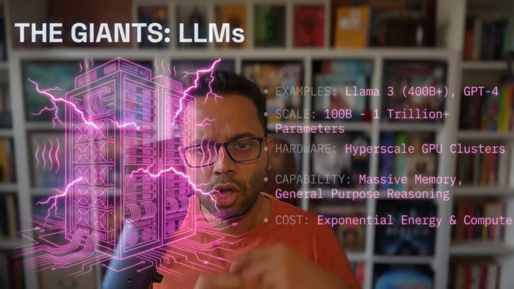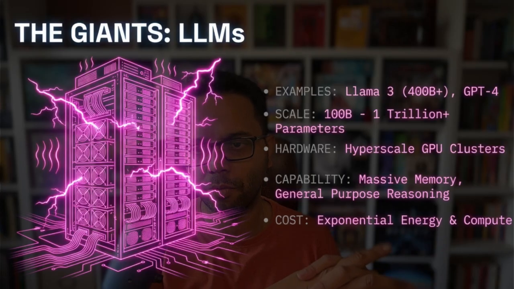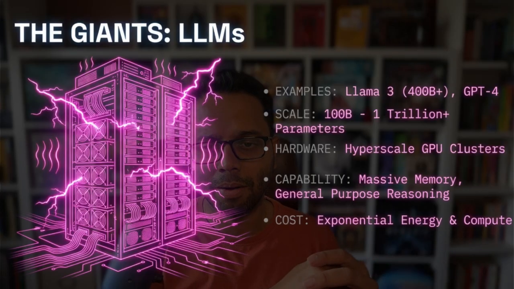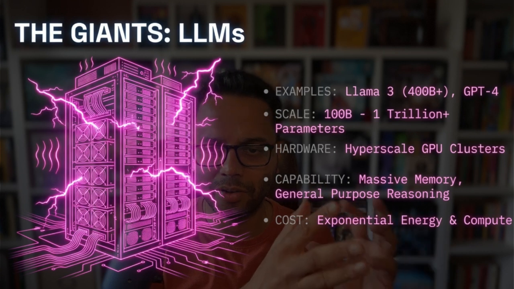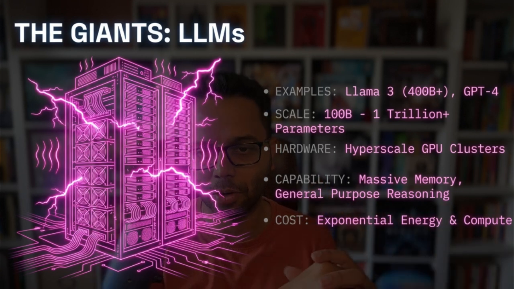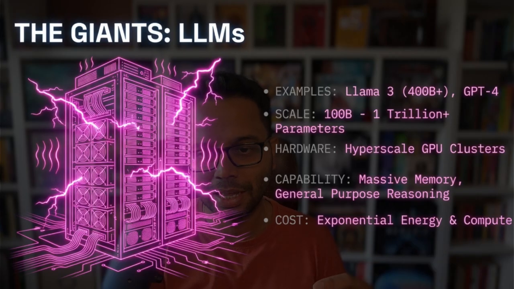So quickly look at LLMs. There are examples like Llama 3, which is around 400 billion plus, GPT-4, GPT 5.1 now. Typically when the scale is around 100 billion to 1 trillion plus, we say that it's a large language model. The hardware required to train them or infer from them is hyperscale GPU clusters. They have massive memory and general purpose reasoning.